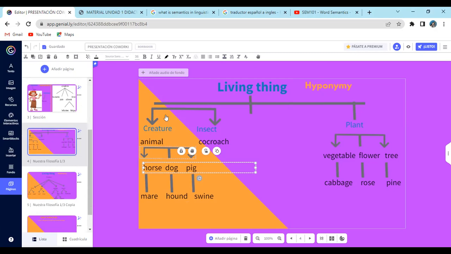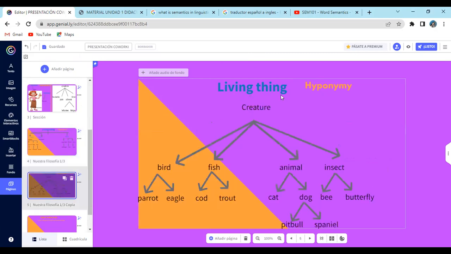Okay. Living thing, creature. Here I have bird, and I put parrot, eagle, because I am talking about birds. And you know that there are different kinds of birds. And here I put fish.